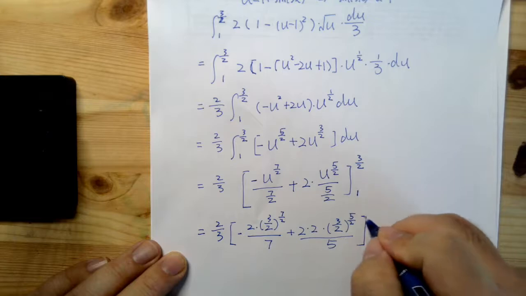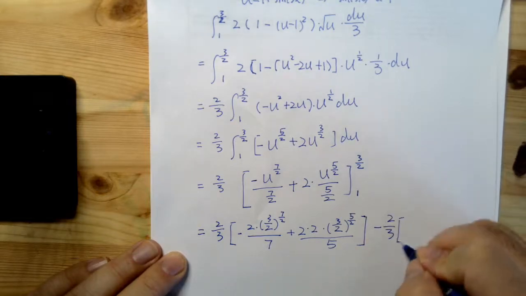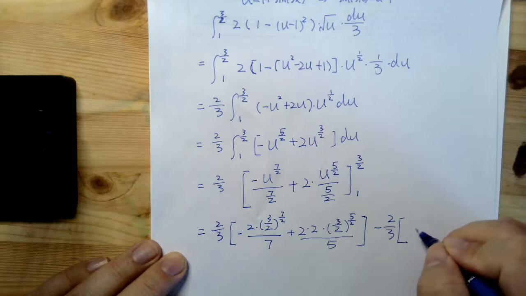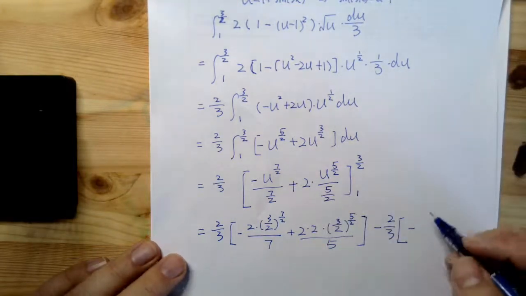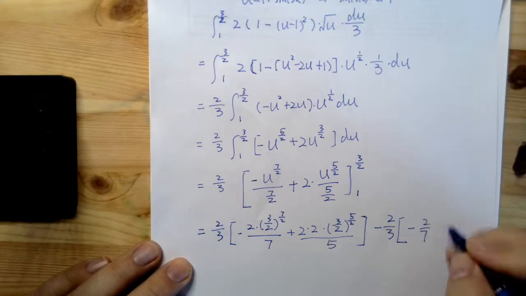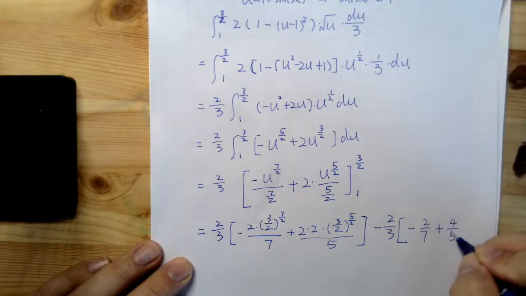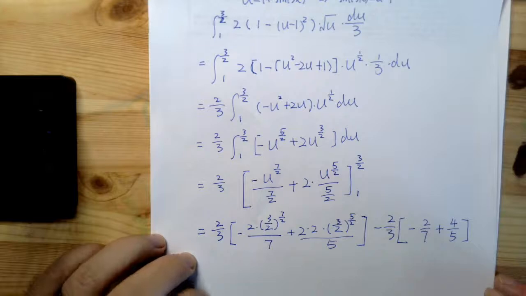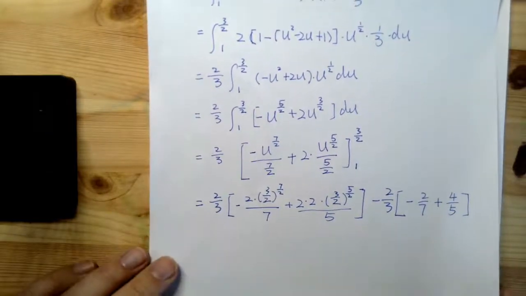And then minus 3 over 2. This part is easy. It's going to be negative, because this part is 1, this part is also 1. So it's minus negative 2 over 7, and then plus 4 over 5.